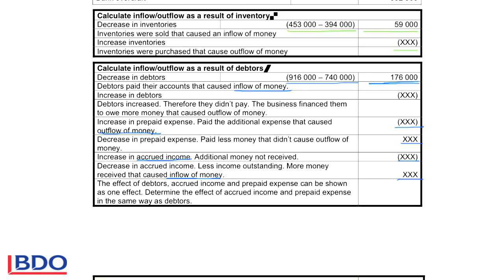If you're unsure how to think out the prepaid expenses and accrued income, you can think of it in exactly the same way as the effect that it will have on debtors. So if I say debtors increase, then I say that we paid to finance them. That caused an outflow of money. If accrued income increased, then it caused an outflow of money.